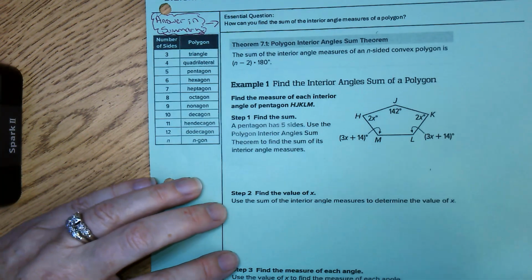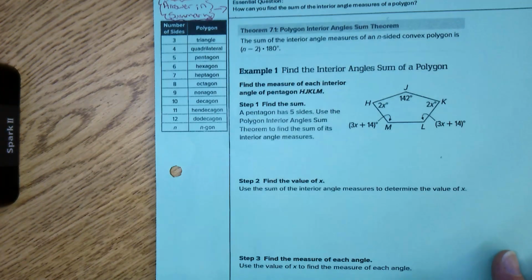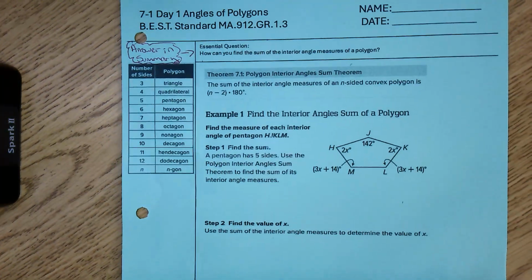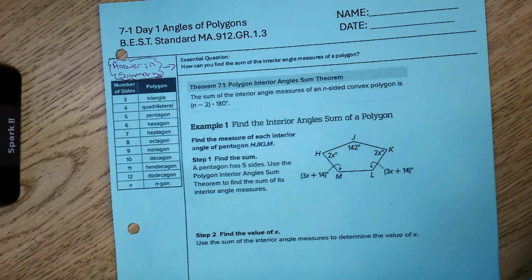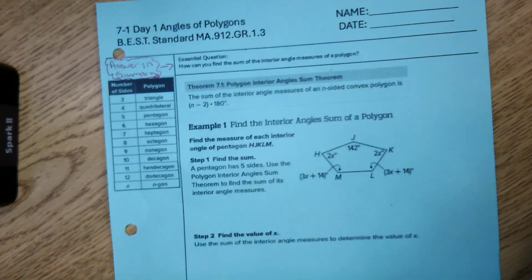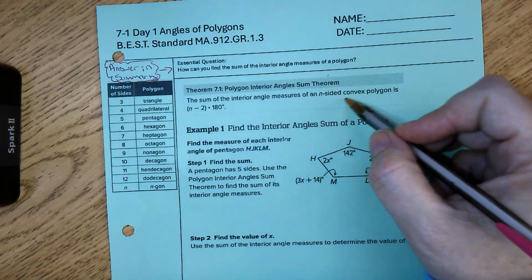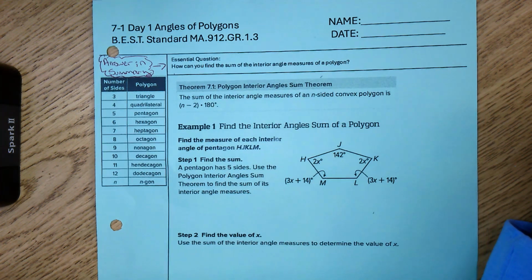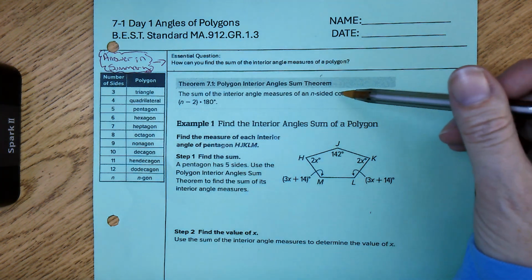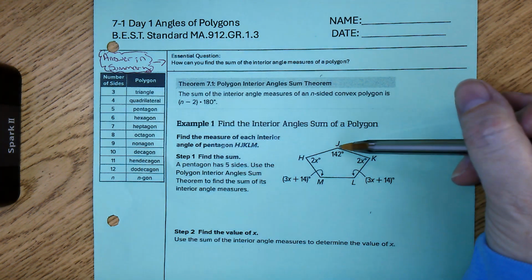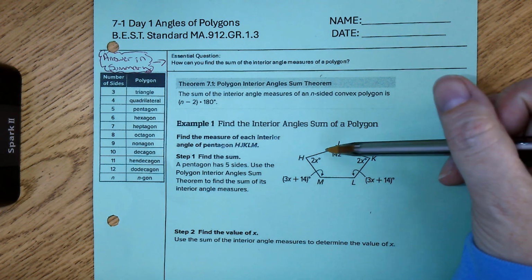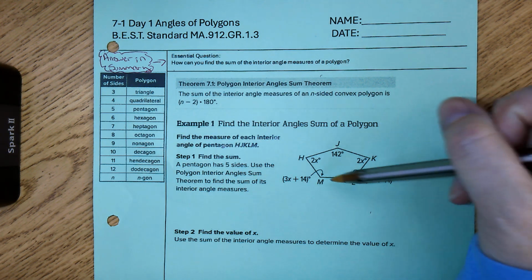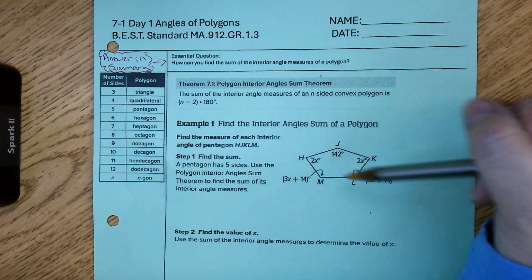So polygons all have particular names, and they're based on the number of sides that the polygon has. So we are going to be working with convex and regular polygons. Now with convex polygons, all of your vertexes point out, but the sides and angles are not all the same.